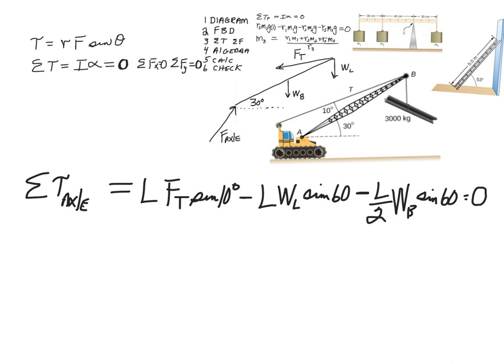So make sure that you use the sum of the forces in x equal to 0 to find the x component of the axle force, and the sum of the forces in the y direction equal to 0 to find its y component. And that should take care of the crane problem.